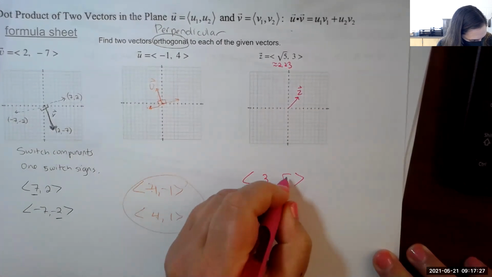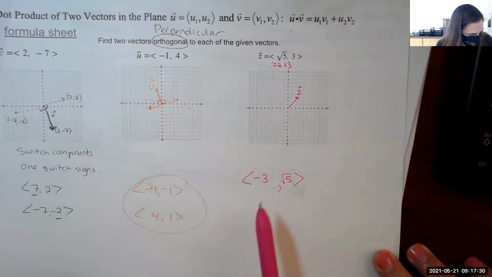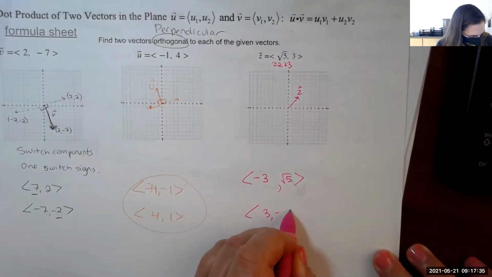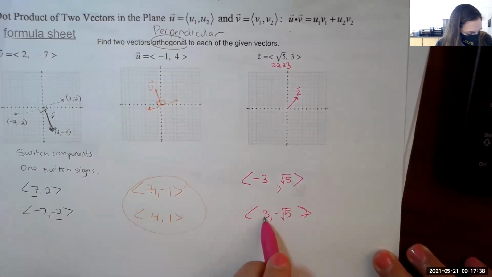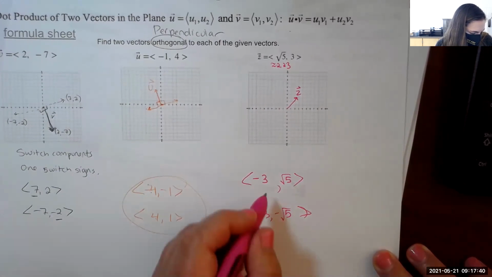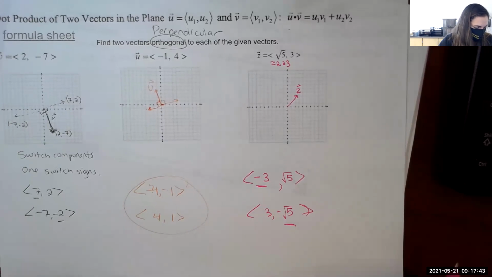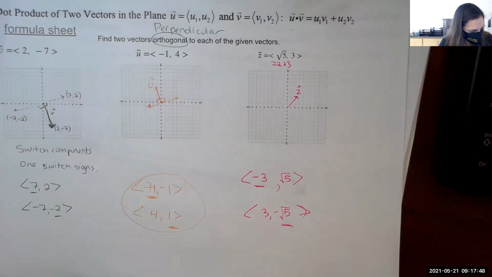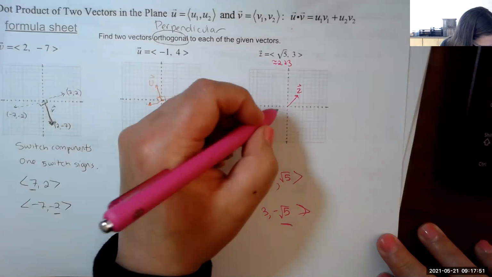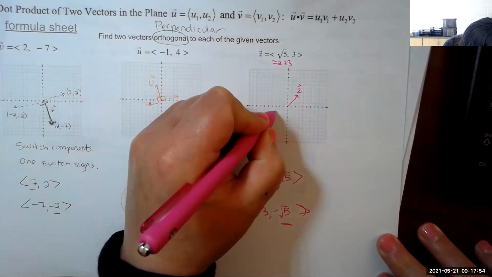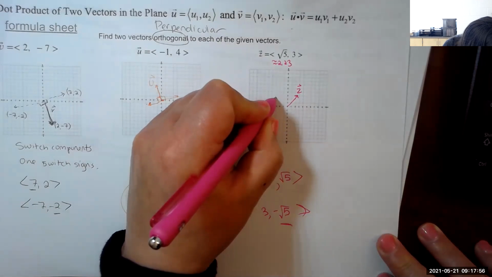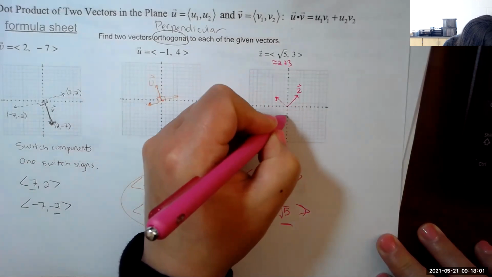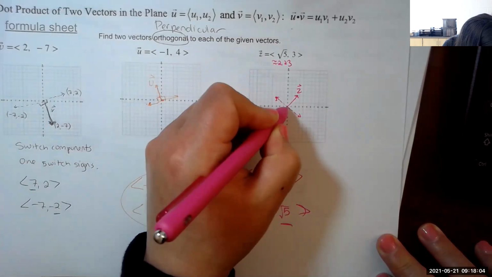So I have 3, √5, and switch the sign for one of them. Another perpendicular vector would be -3, -√5. So here I switch the sign on X and here I switch the sign on Y. So we'll sketch the two vectors: -3, about 2.23, and then 3, and then negative about 2.23.